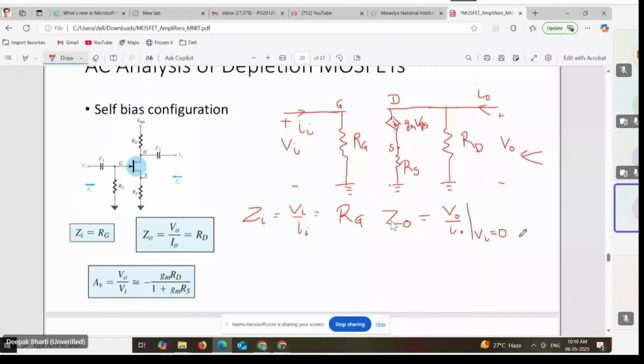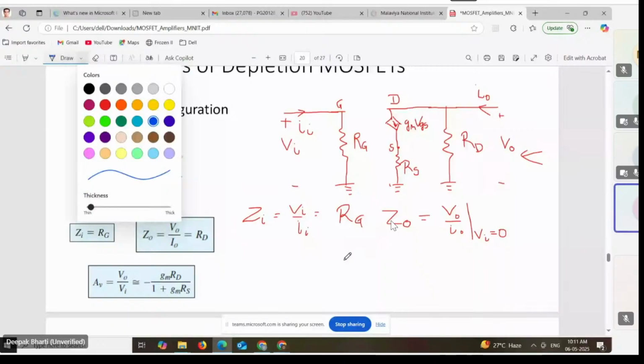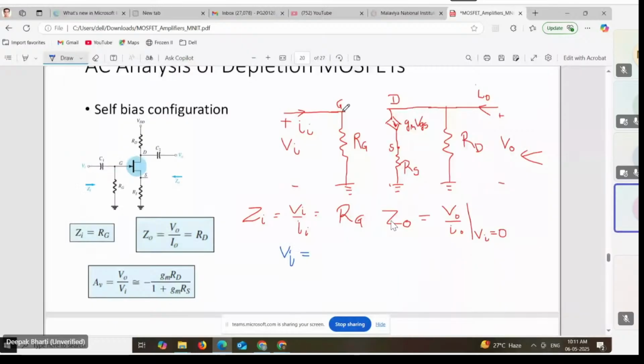So let's see first of all what is Vi. So what is Vi here? Vi here is this voltage, and if I write the KVL here, Vi will be equal to VGS plus gm VGS RS.